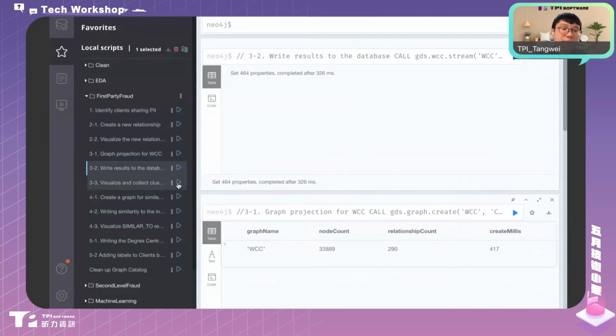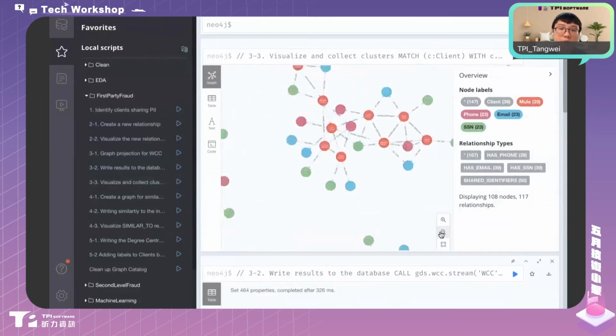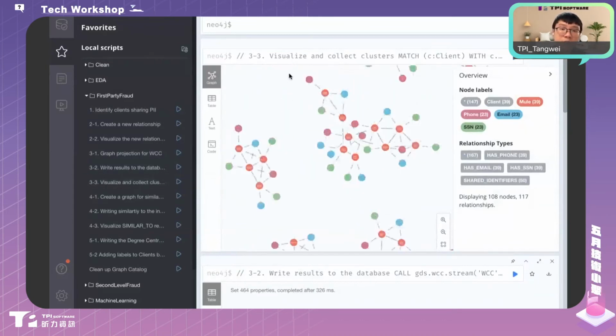Okay, and then we can visualize the result and collect clusters. Okay, so in here we can see here are some clusters. So it may be cluster 1 and maybe cluster 2 based on the WCC graph algorithm.